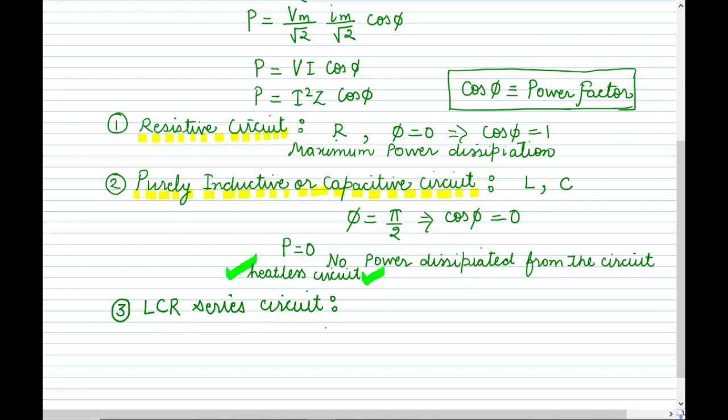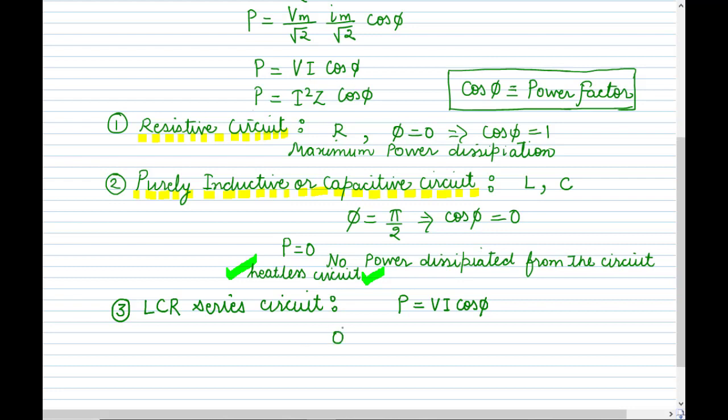But for now, you can remember that if you are using any LCR series circuit, that is the inductor, capacitor and resistance connected in series, then the power dissipated is given by, as we have just calculated, P is equal to VI cos phi.